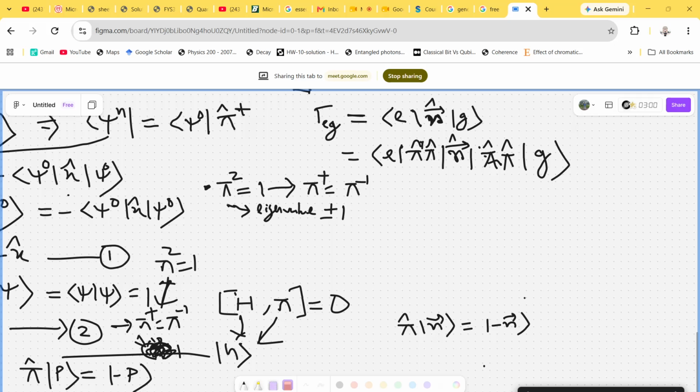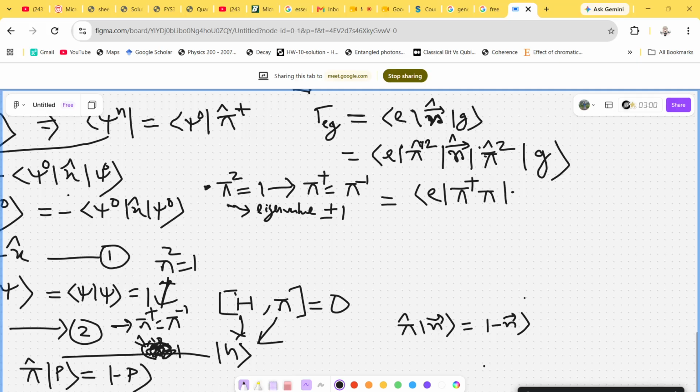Let's write this clearly. Pi square. So this one I should write clearly. Pi square and pi square. Yes, you are correct. I think I should write pi dagger pi. Yeah, someone was telling, so you are correct.